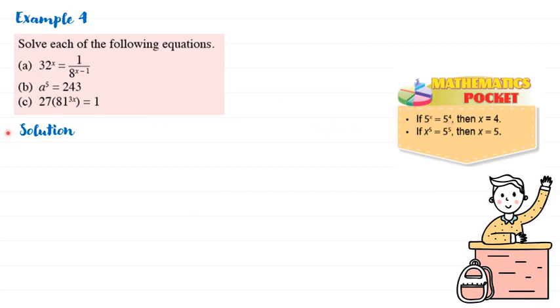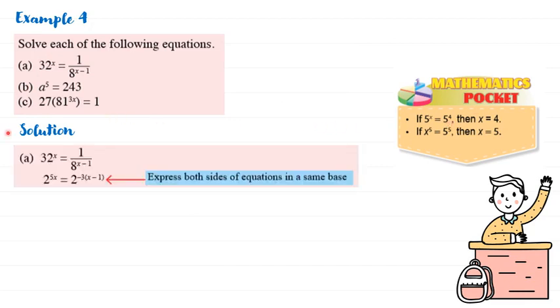So, solution for question a. If you want to solve this kind of question, first you need to express both sides of the equation in the same base. 32 and also 8 can be expressed in the same base, which is base 2. So 32 is 2 to the power of 5x, is equal to this one becomes 2 to the power of negative 3.